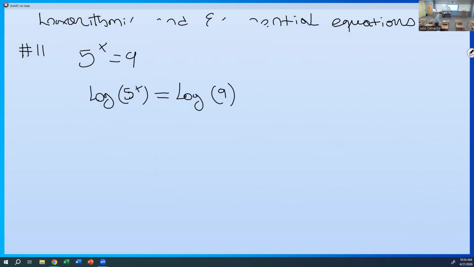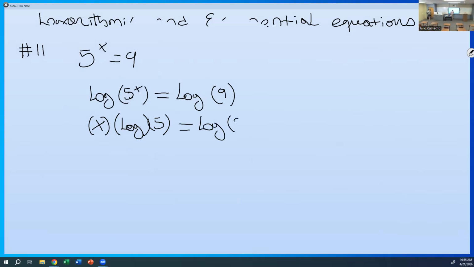Because I have that, I will move this x to the front using the power rule of exponents. I have x times the log of 5 is equal to the log of 9.